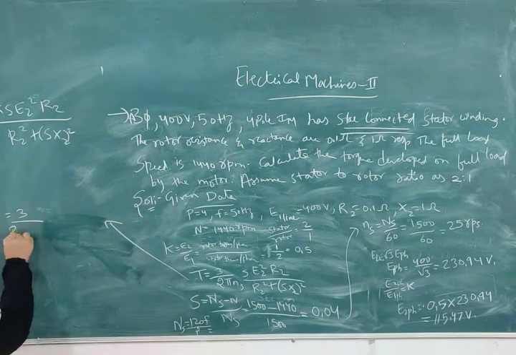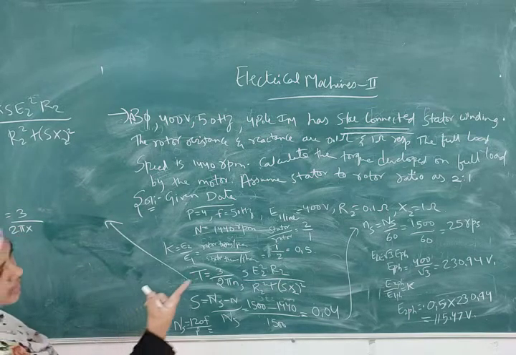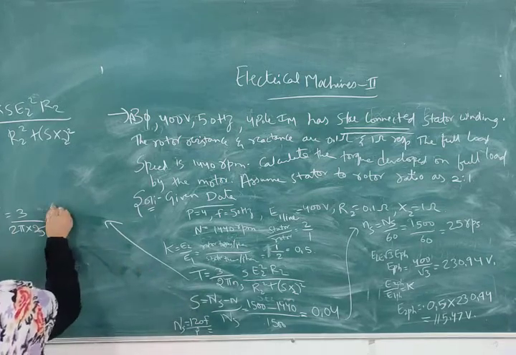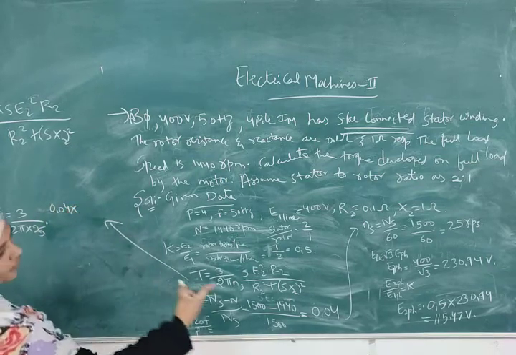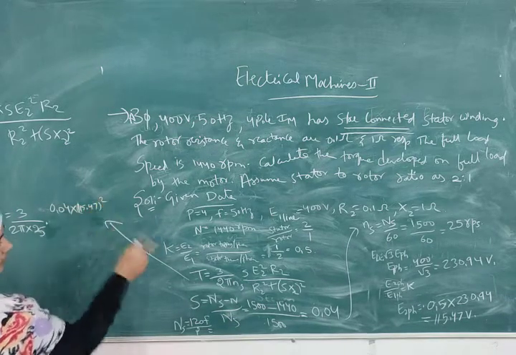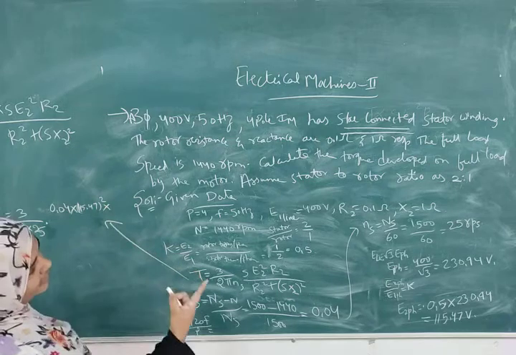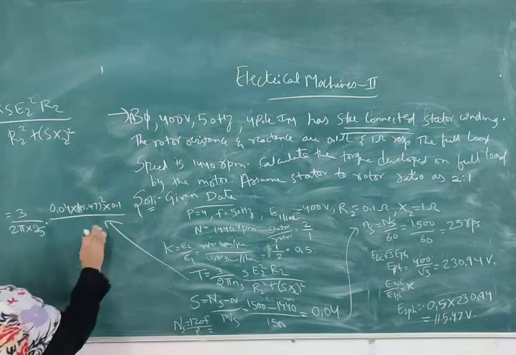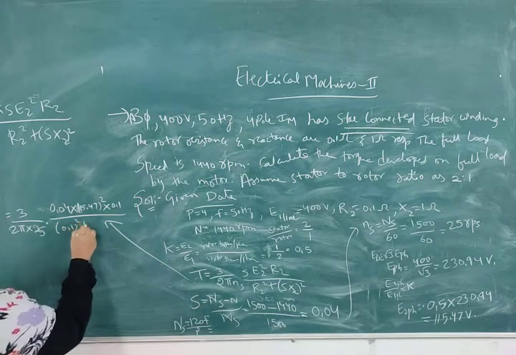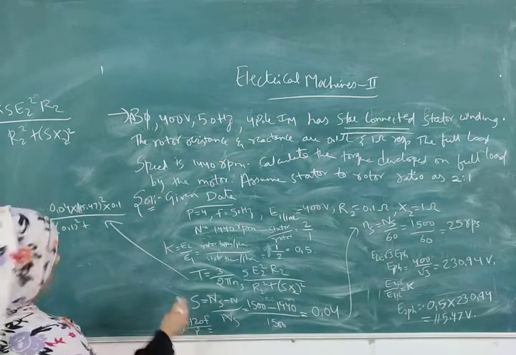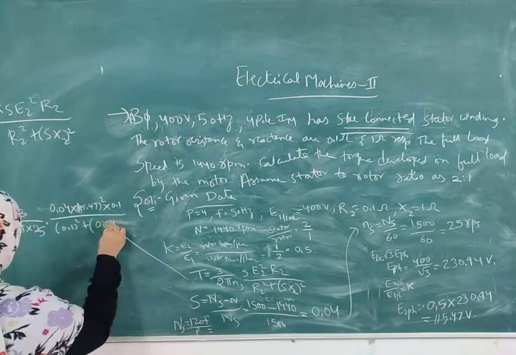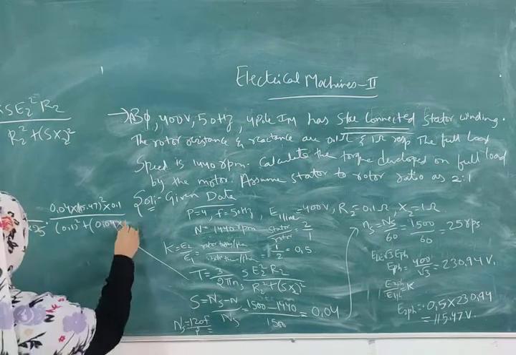That is 3 by 2π, ns value is 25 RPS, into S value we got 0.04, into E2 value we got as 115.47 square, into R2 value given in the question as 0.1, divided by 0.1 square plus (S X2), S is 0.04, X2 value is given as 1.